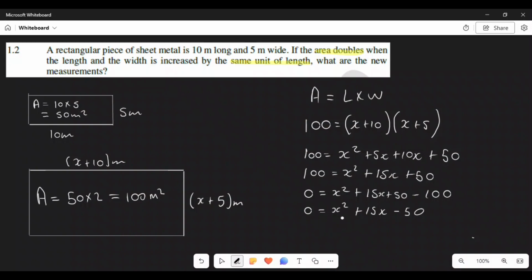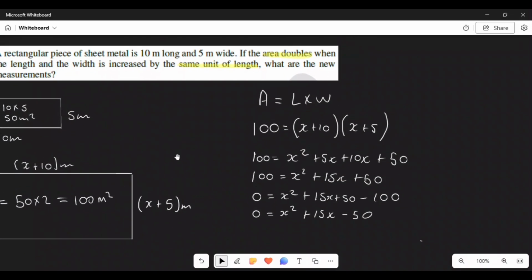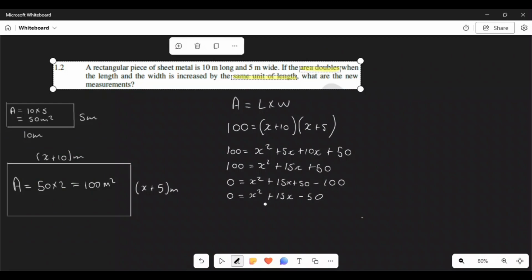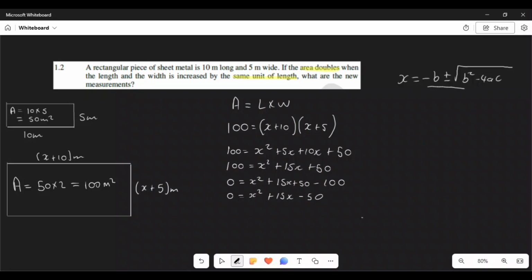So from here we need to simplify this one. So let's try to simplify. In fact we need to solve for x here, which is the same value that we are looking for. So in order for us to solve for this x, we need to use the quadratic formula. So the quadratic formula, we all know it goes like this: x is equal to negative b plus or minus the square root of b squared minus 4ac, divided by 2a.